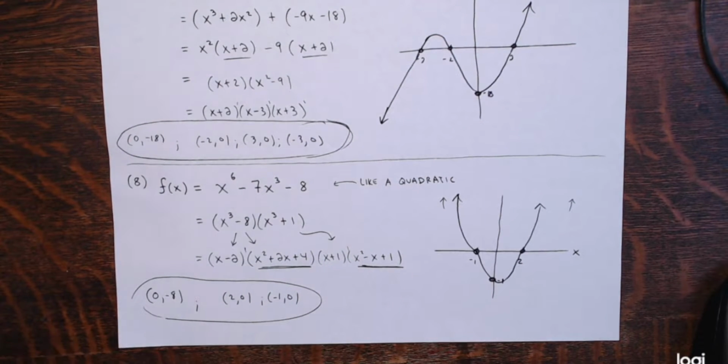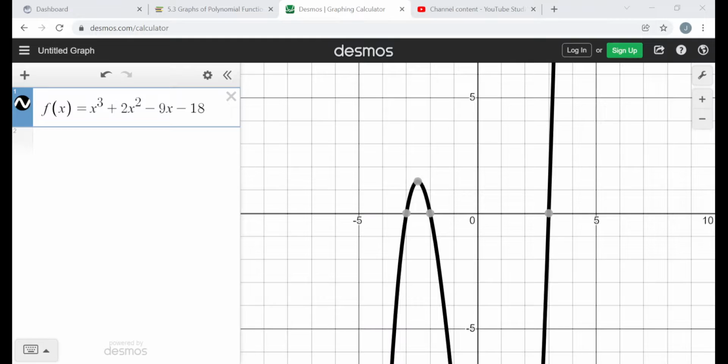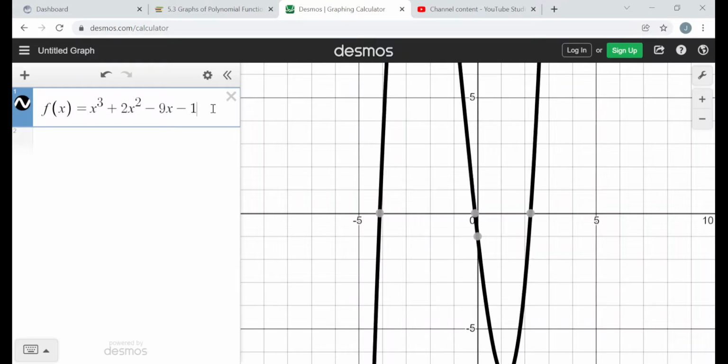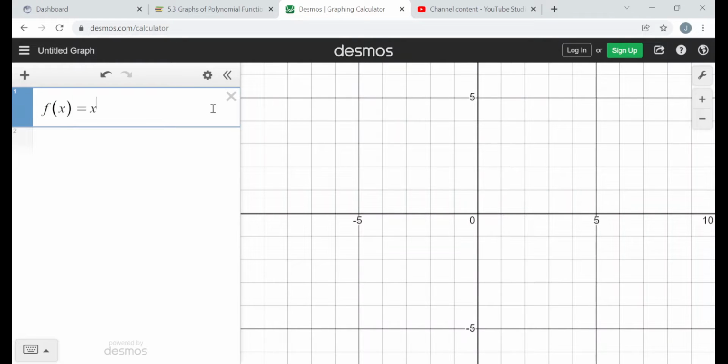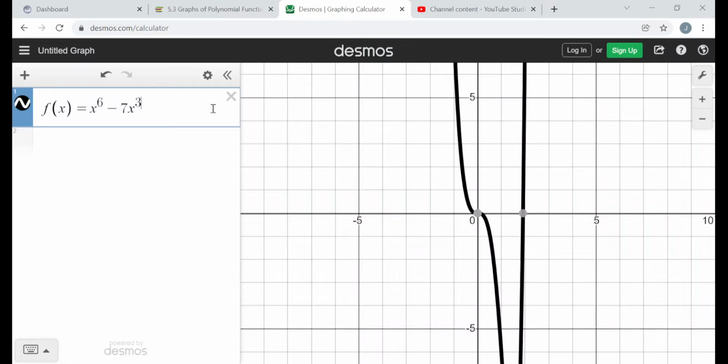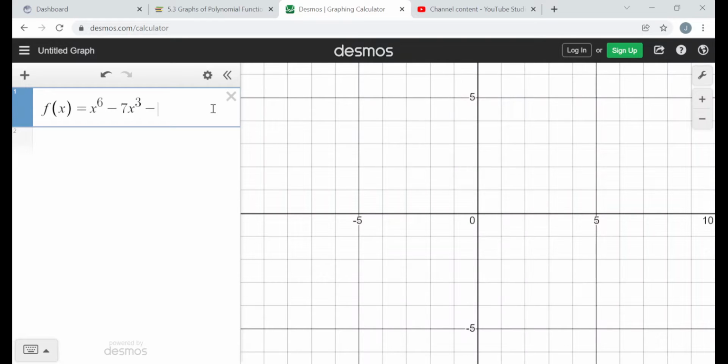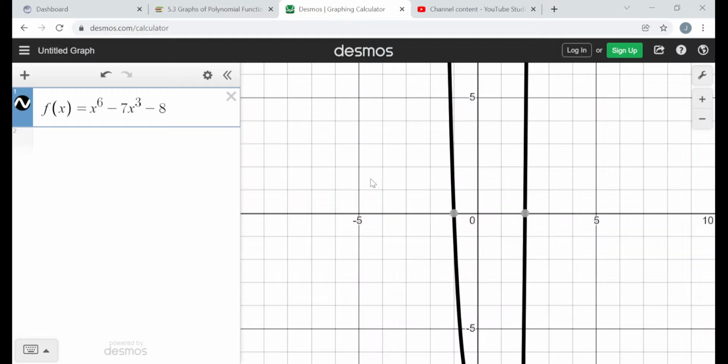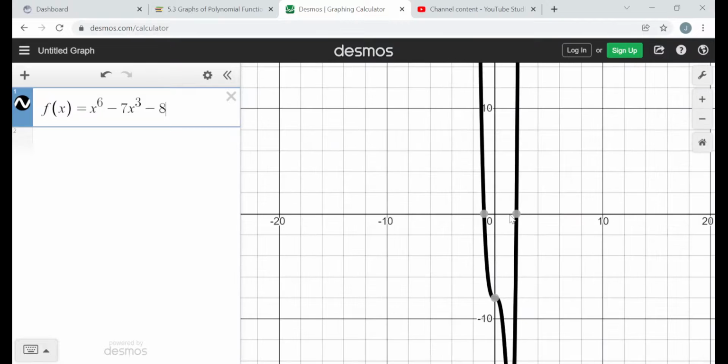And once again, let me just verify that these intercepts and end behavior are all correct on Desmos. So here's f of x equals x to the 6th minus 7x to the 3rd minus 8. Yeah, and you see the negative 1, 0, 2, 0, and those are the only intercepts.